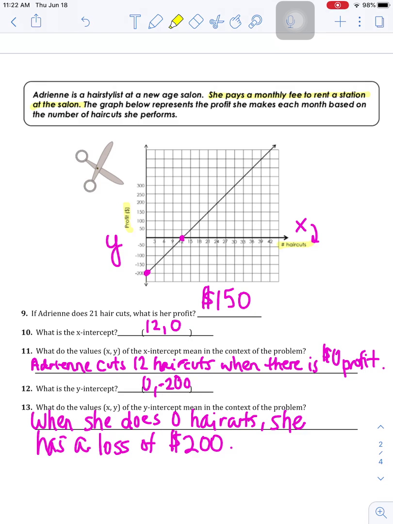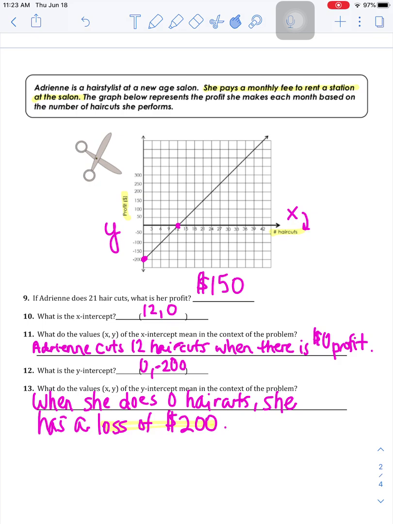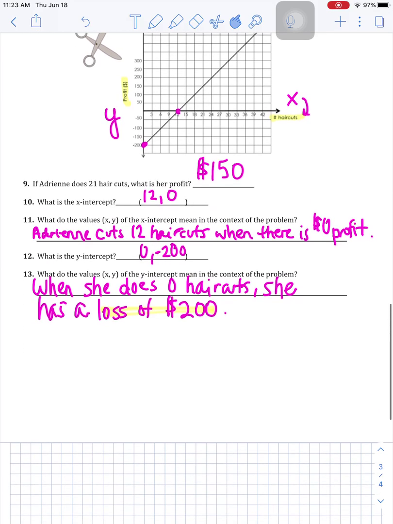So if she's not cutting any hair and she has a loss of $200, then we would be able to surmise that the $200 is actually her monthly fee for renting that station. So you're very often going to see, especially in business, you can relate profit and loss on linear graphs like this all of the time. And you're able to actually decipher the values right from the graph given the context of your problem.